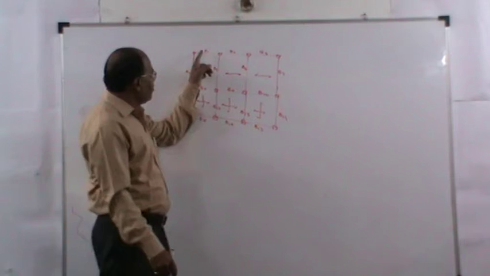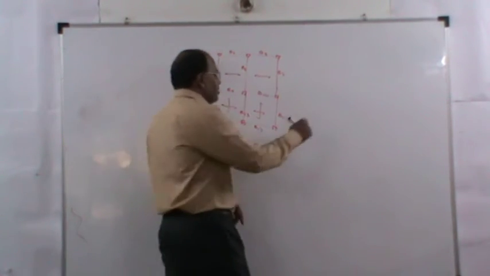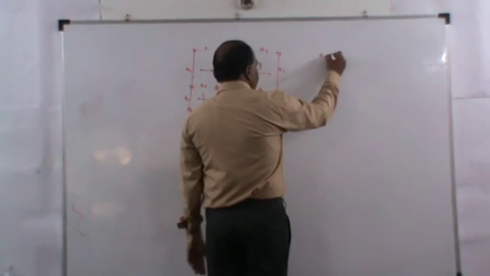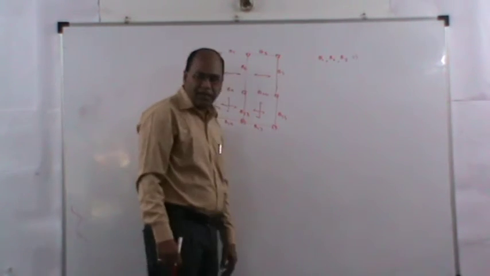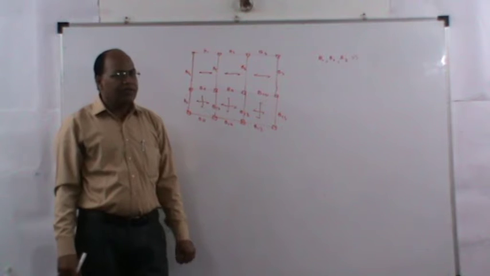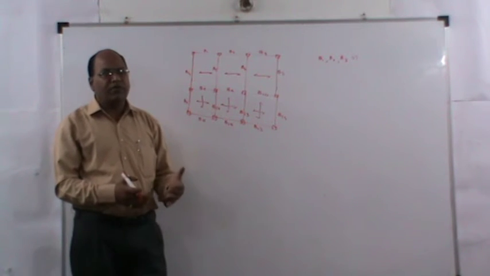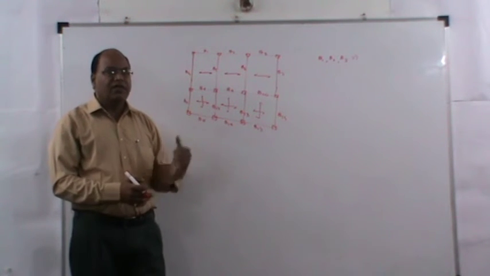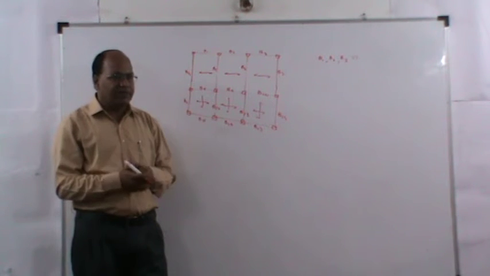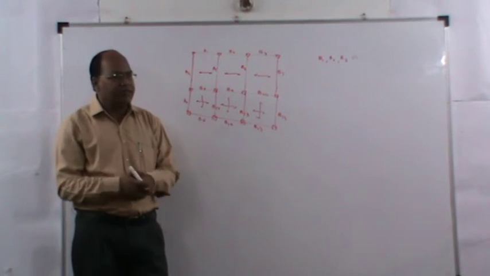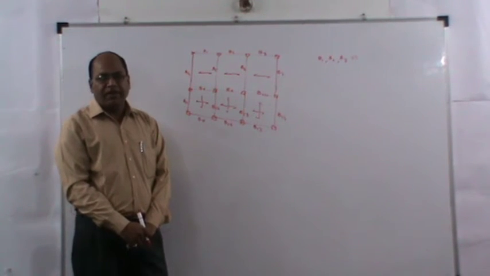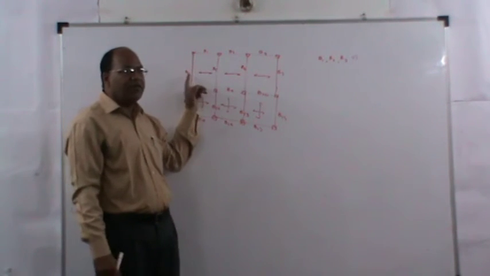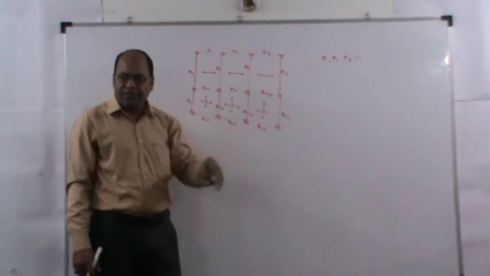Now if I consider beams B1, B2 and B3, are they going to be L? Now the slab is only on one side, so these beams can be L beams. The question is, are they L beams? Now slab is on one side, but the main reinforcement is running parallel to the beams.